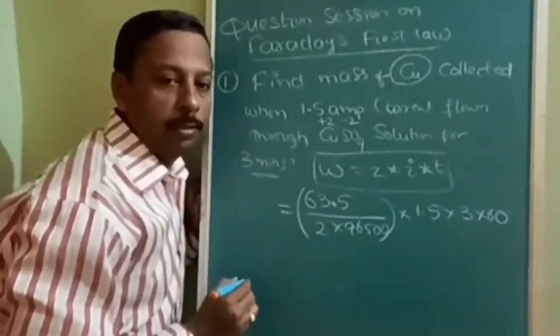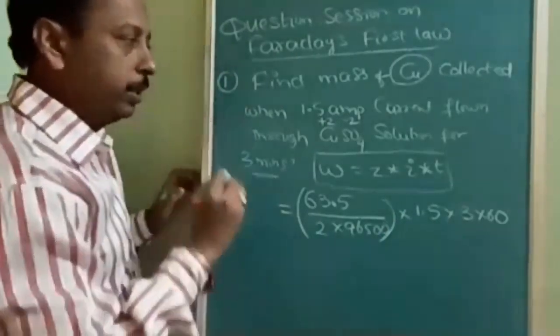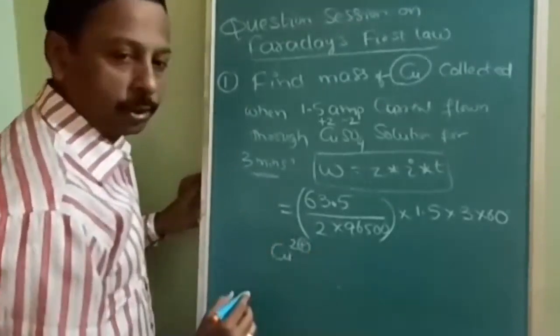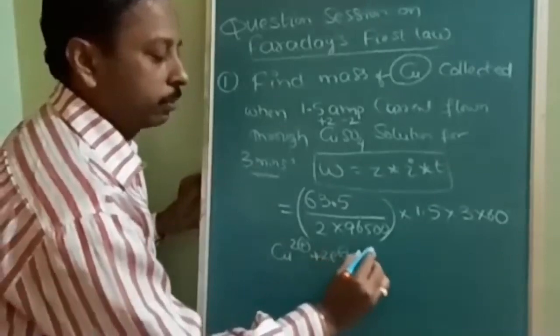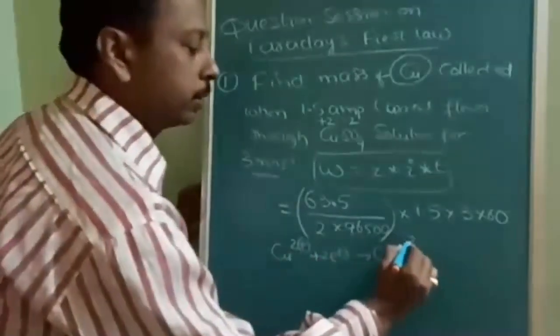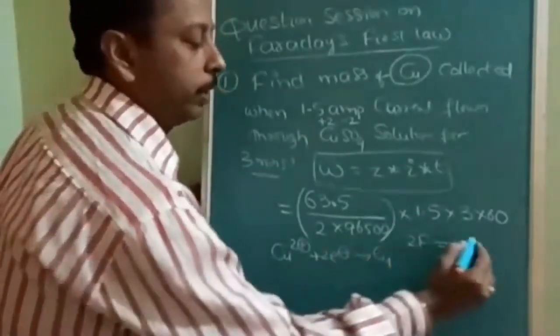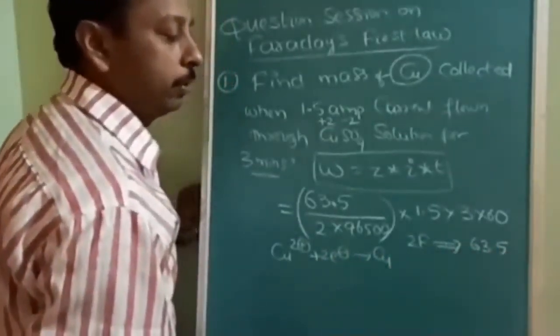There is another simplest way also. Okay, so what is that simplest way? Unitary method. So copper 2 positive plus 2 electrons gives copper. Everybody knows this, or not? Okay, so according to this, if I use 2 Faraday, I will collect 63.5 grams of copper.